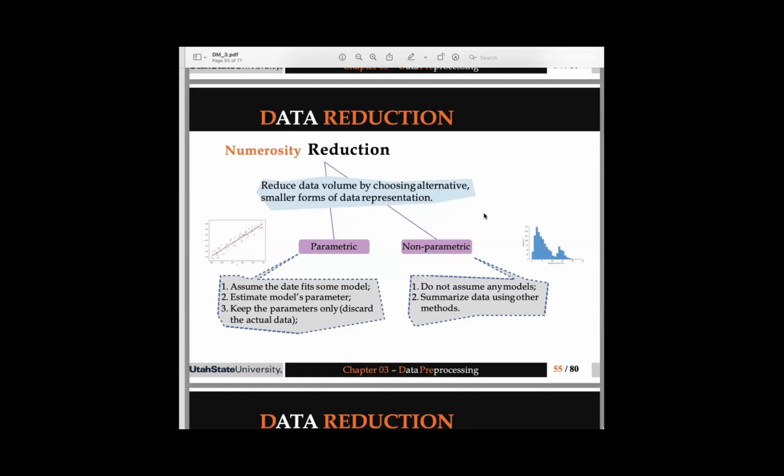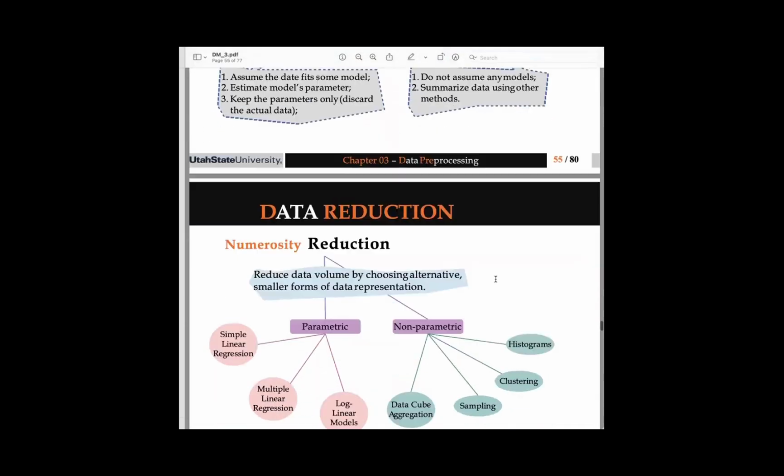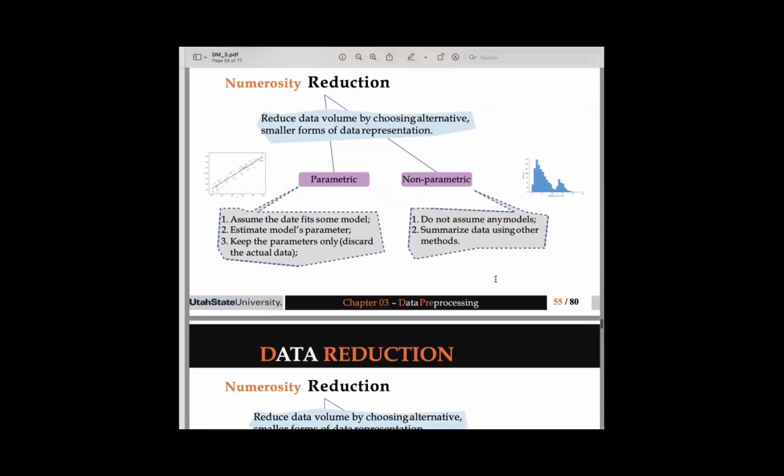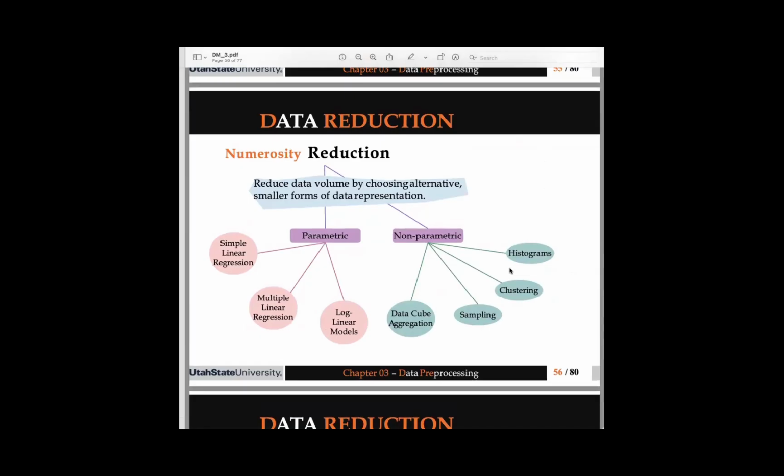For example, here we're using either a histogram or a cluster, etc. So we're not keeping model parameters in mind, but we're using the underlying distribution or the clustering of the data in order to approximate it, in case I need to retrieve the data back for modeling purposes.